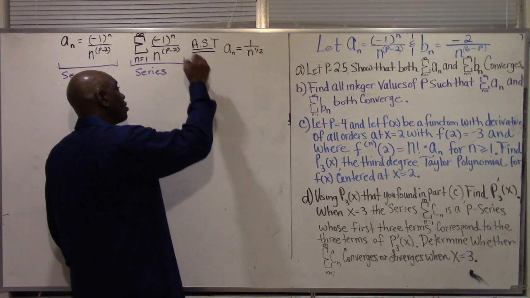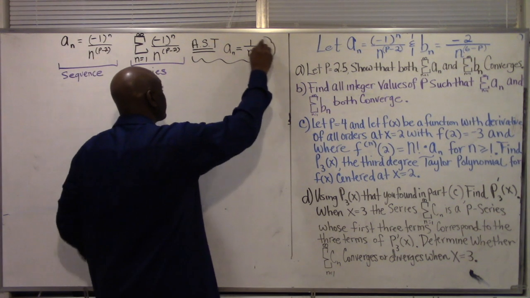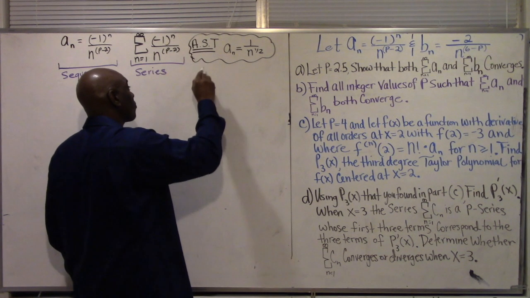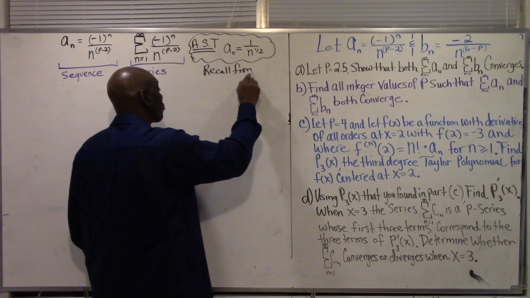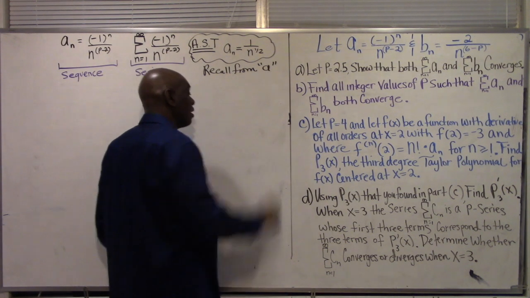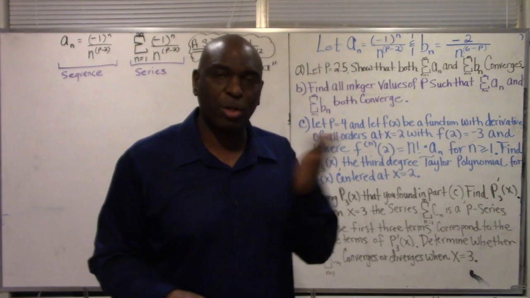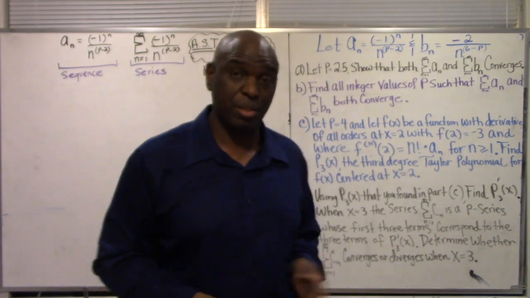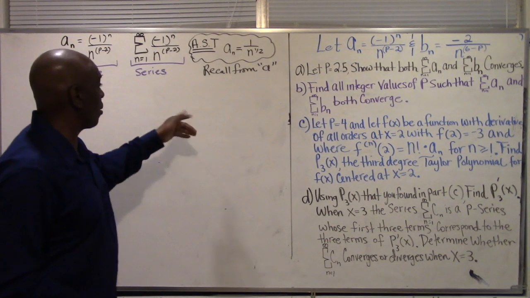This right here is a recall from part A. And sometimes the way these AP questions are designed, you have to recall and use parts from the previous question to answer succeeding questions, right? All right. So we're using that from part A.